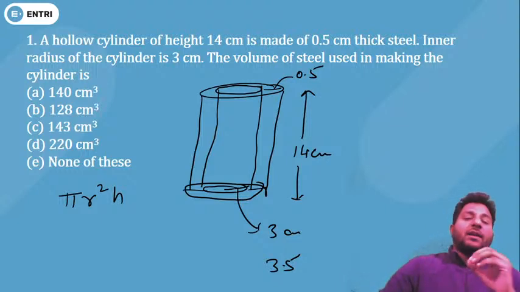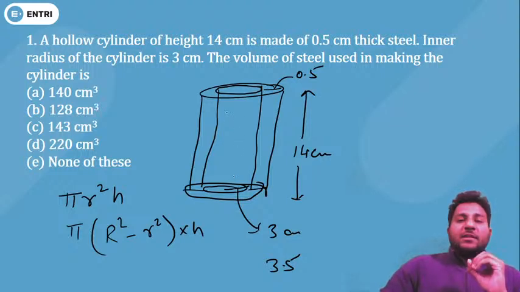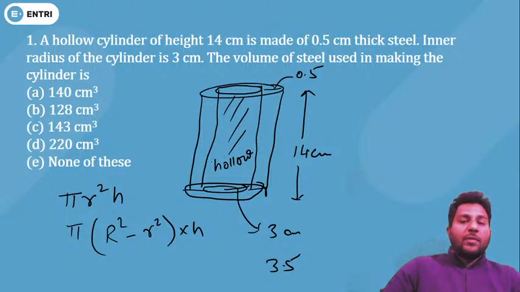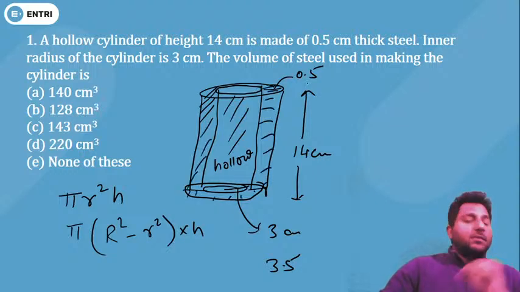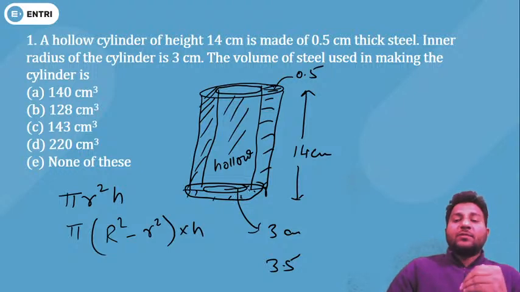Look at this. The outer radius is what? You will use pi (R square minus r square) into h, because this is the hollow part and it will not be counted. So we will count only the thickness of the cylinder, which means this section will be subtracted. You subtract the inner radius volume from the outer radius volume, eliminating the hollow part.